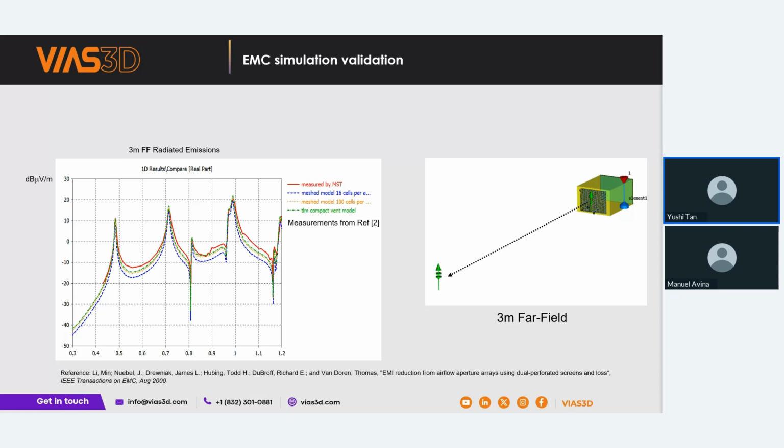You should definitely discretize these areas with good enough resolution to make sure the effects are accounted for to get an accurate solution. And like I said, the reference is on the bottom for interested audience. You can go there and read that paper.